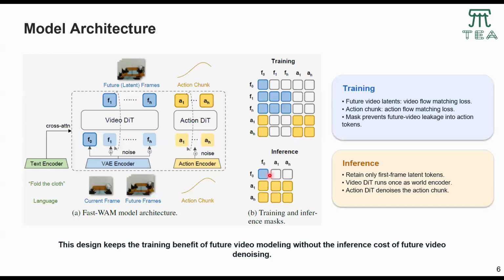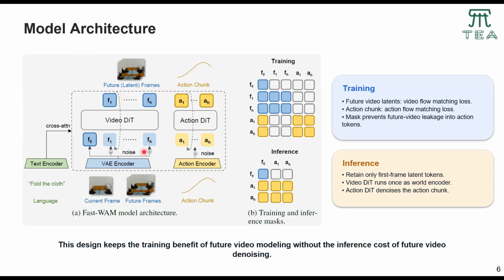And here is the detailed architecture of this model. You can see the model utilizes a video DiT as a world representation learning backbone, and an action DiT as the action expert to generate the action chunk.